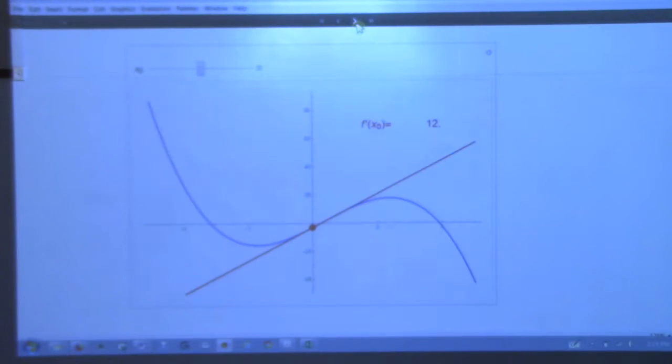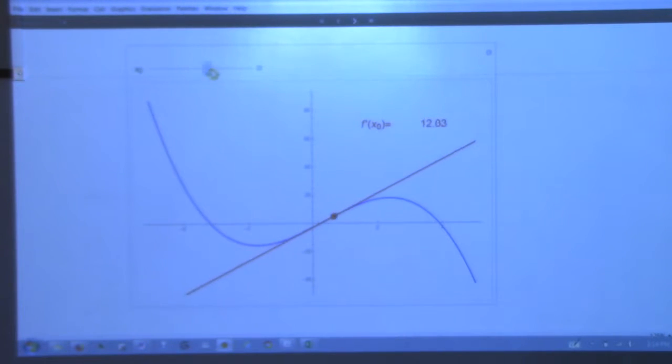So we're going to remind ourselves in Cal 1 what the derivative meant. The derivative was just the slope of the tangent line, right? That's all it was. So if I move around on this function, there is only one tangent line. I only have one choice for the tangent line.